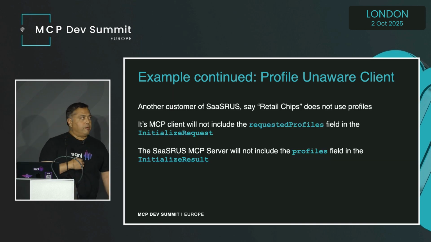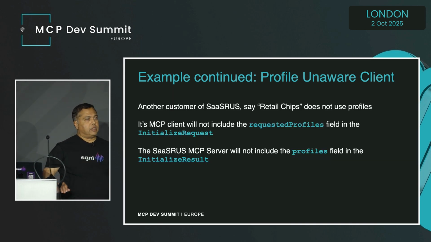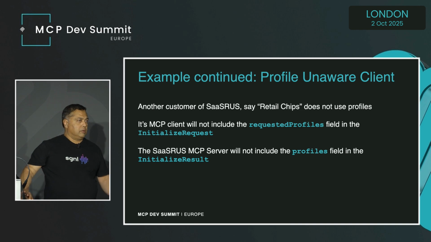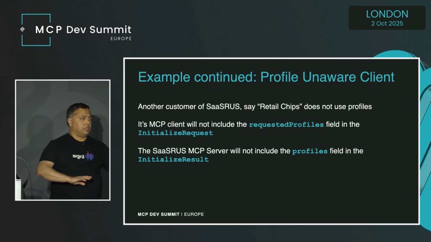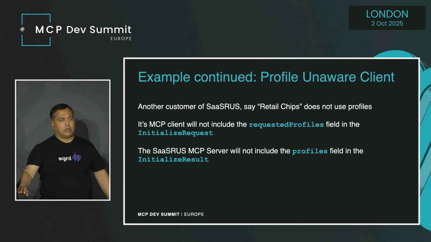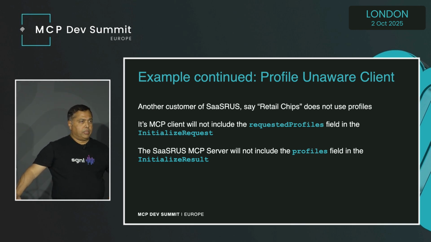Now, what about a profile-unaware client? Let's say SaaSRS has another company as their customer called Retail Chips, and Retail Chips doesn't care about profiles. They are unaware of profiles, or maybe they support some other profiles. What the Retail Chips MCP client will do is not put the requested profiles member in the initialize request to the SaaSRS service.